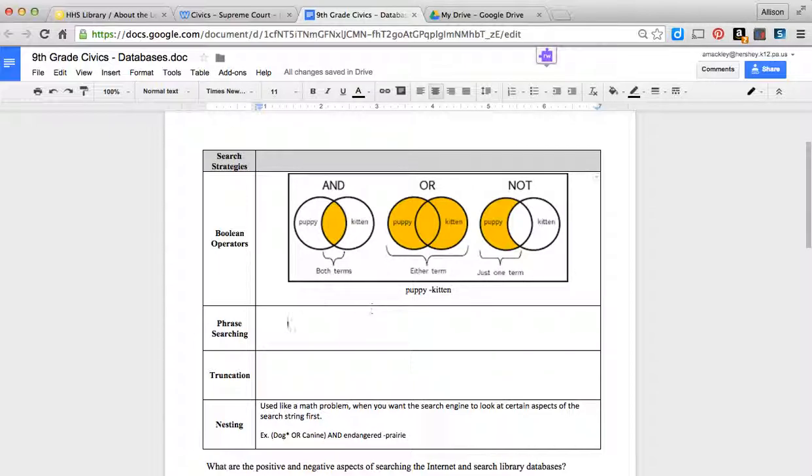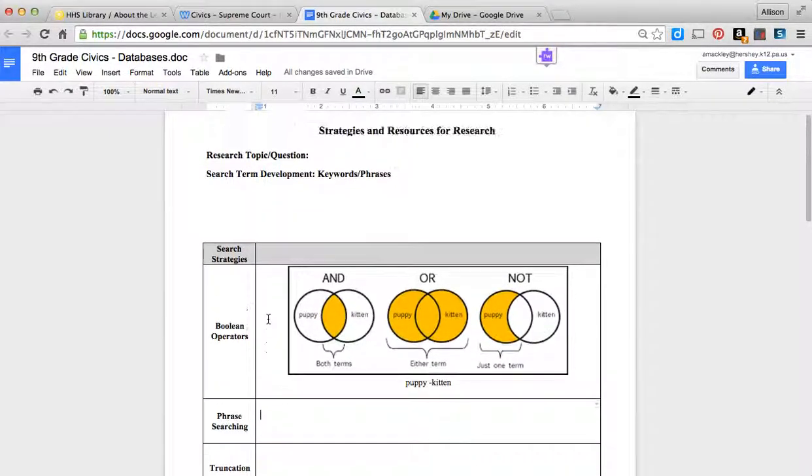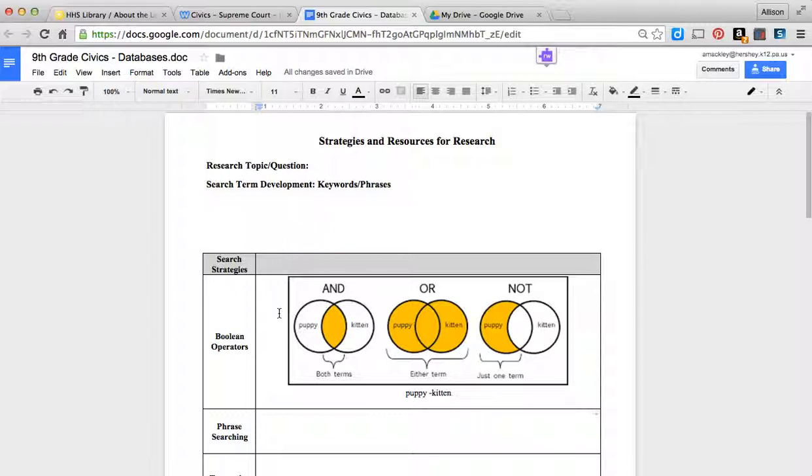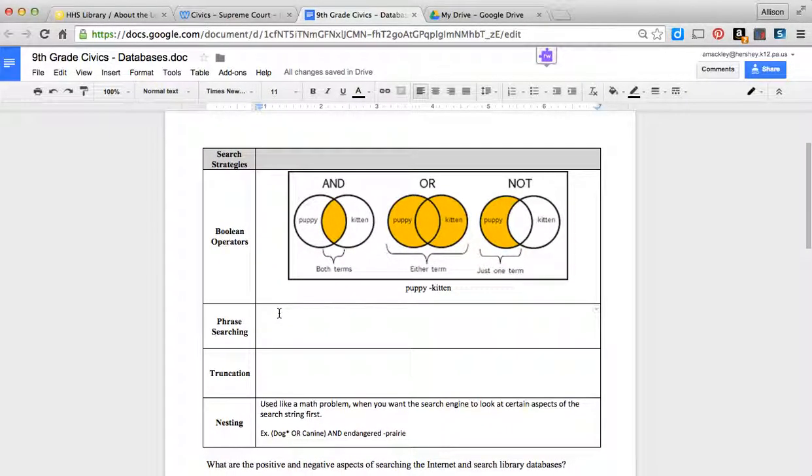The next strategy is phrase searching. Now, when we were up at the top here talking about search terms and keywords, I suggested the words Supreme Court or judicial branch or court cases, or gun control, or civil rights. Those are all phrases. And you could just type in Supreme Court into a Google search. And you'll get results about Supreme Courts.